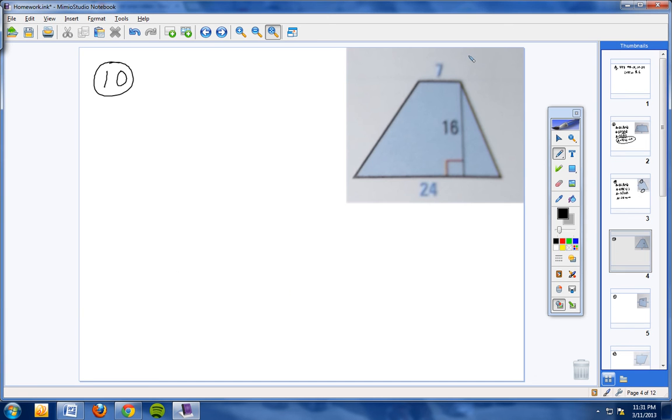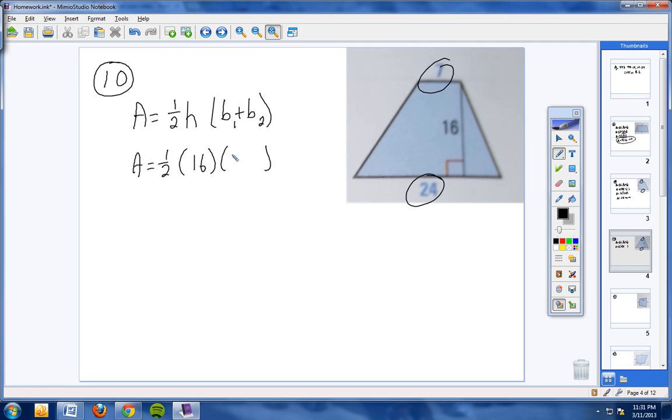Moving on to the next one. I go fast. You can always rewind if you need to. Okay, there is the formula for area of a trapezoid. So where the h is, I'm going to substitute a 16. Where my two bases are, I'm going to add those together, a 7 and a 24, and I'm going to get 31.